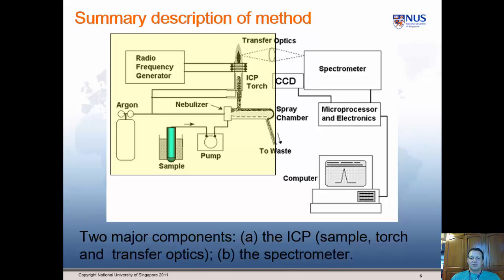The second part of this equipment is the spectrometer with its detector. The rest of this kit is simply the data handling and the electronics.